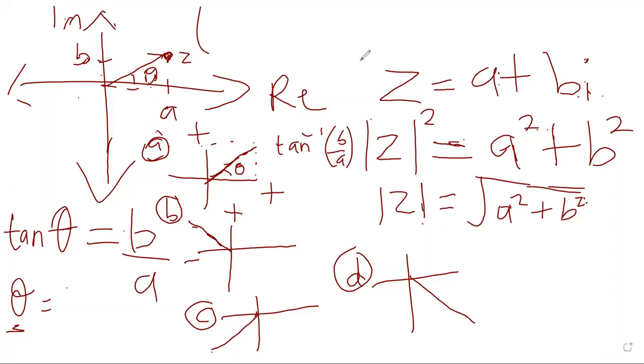So we have this angle theta. When you find the arctan, yes, you found an angle, but that's not the angle we are looking for. The angle we are looking for starts from the positive real axis to where our line is.